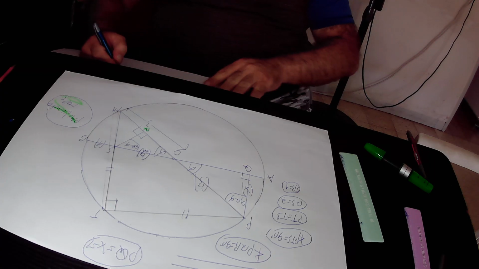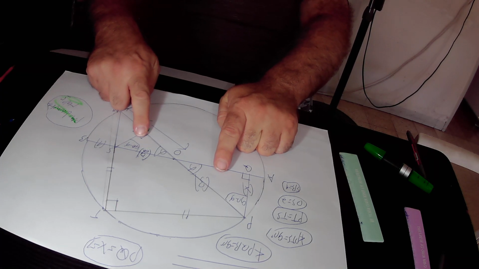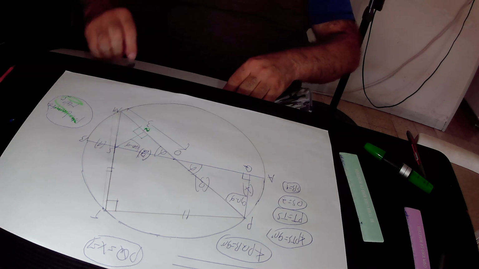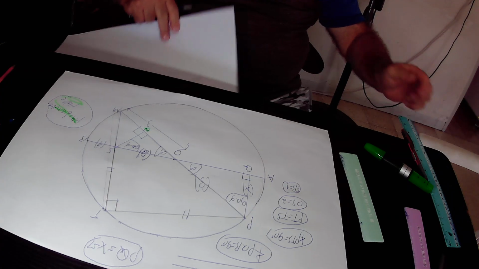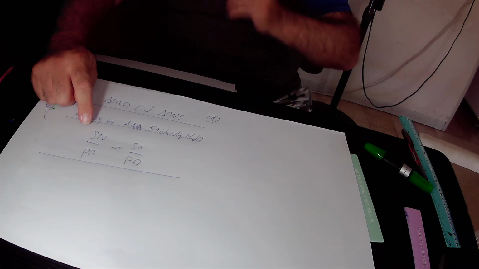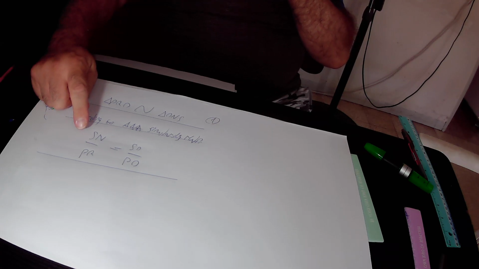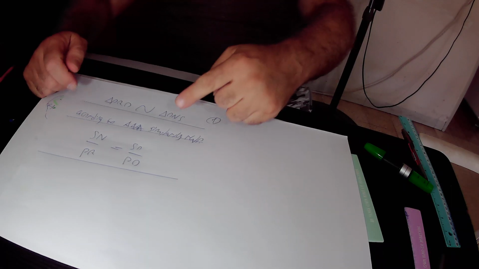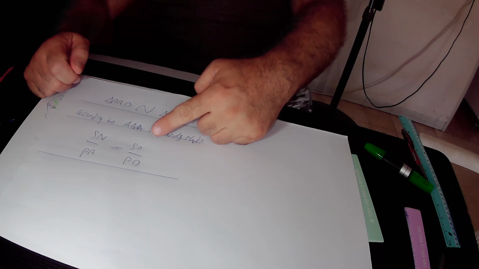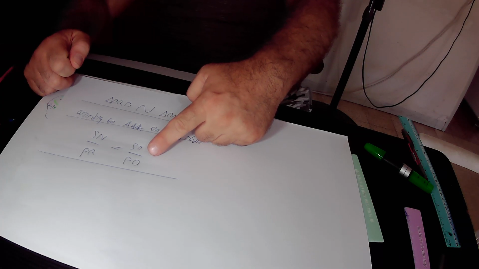I repeat again, from the fact that those two right triangles are similar to each other, we will derive that the following relationship exists between their sides. We will derive that side SN of the lower right triangle ONS over side PQ of the upper right triangle PQO is equal to side OS of the lower right triangle ONS over side PO of the upper right triangle PQO.